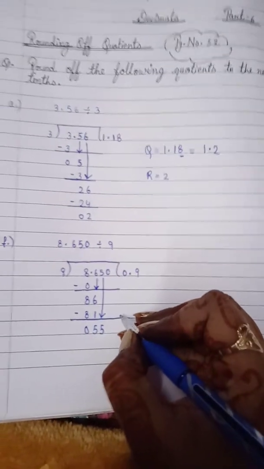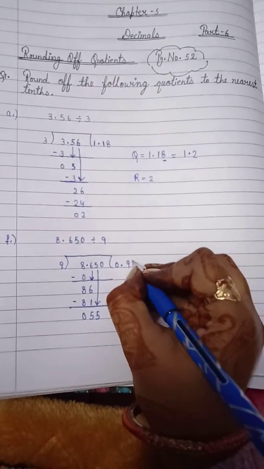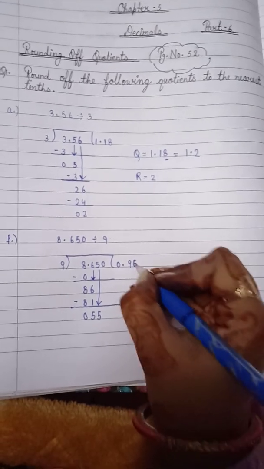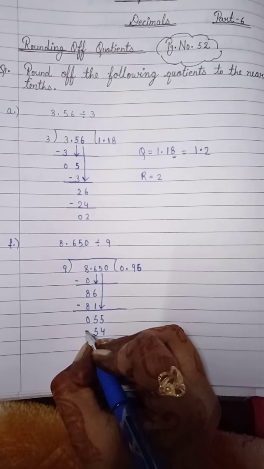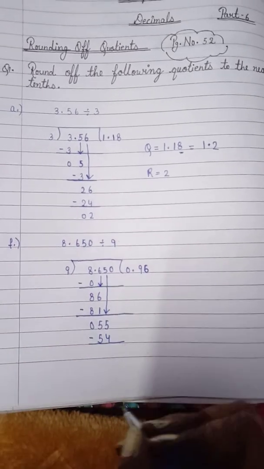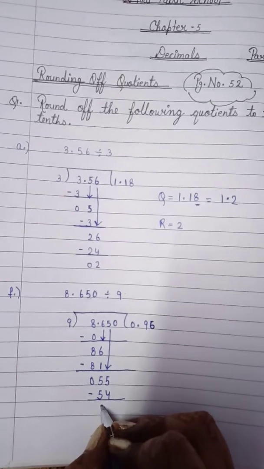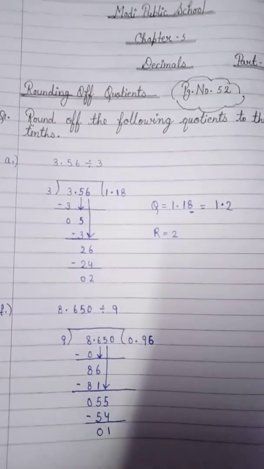Now 55. We all know 9 6s are 54. So here we will divide, 9 6s are 54. 55 minus 54 is 1. So here we have written 1.